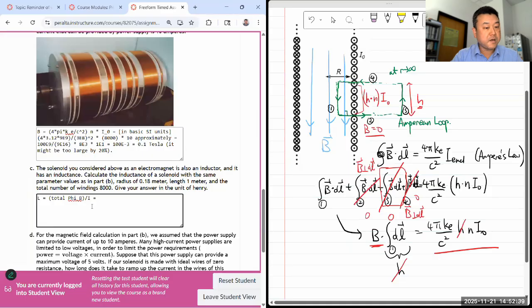So in terms of the things I know, it'll be magnetic field times the area, that's the flux of one loop, times the total number of loops, divided by current.